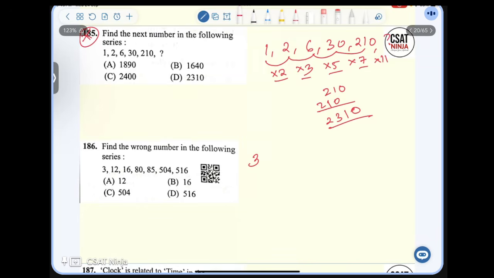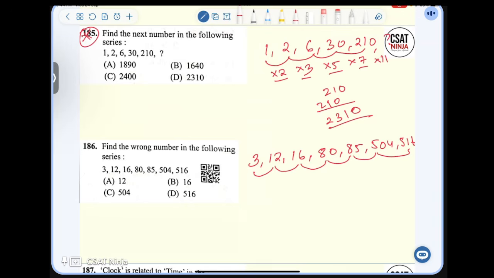So let's check. 3, 12, 16, 80, 85, 504, 516. I feel like there's a multiplication and there's a plus, okay? So let's find a relation between these two, these two, these two, and so on.